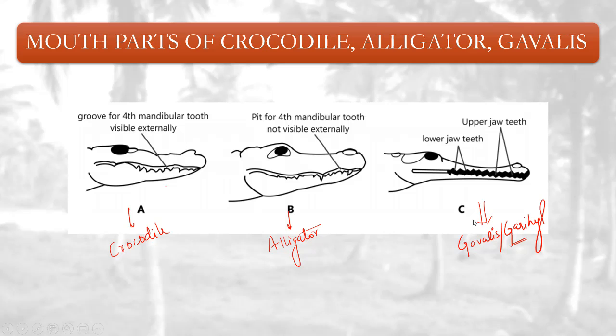Understood? Crocodile, alligator, and Gavialis or ghadial.